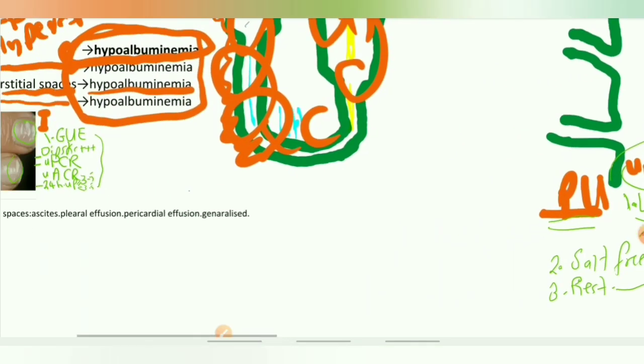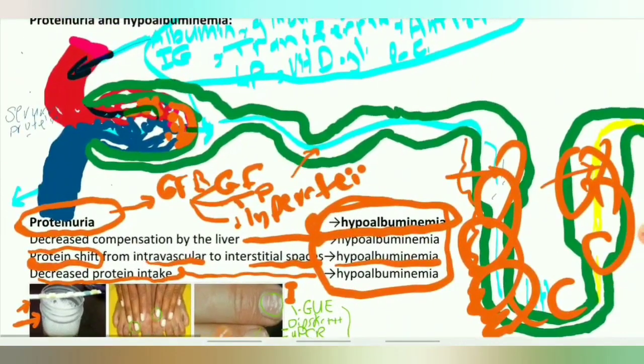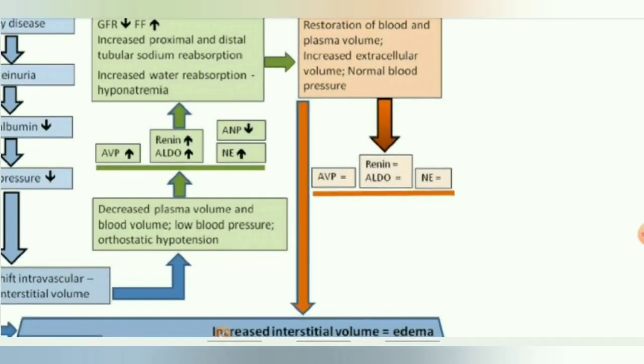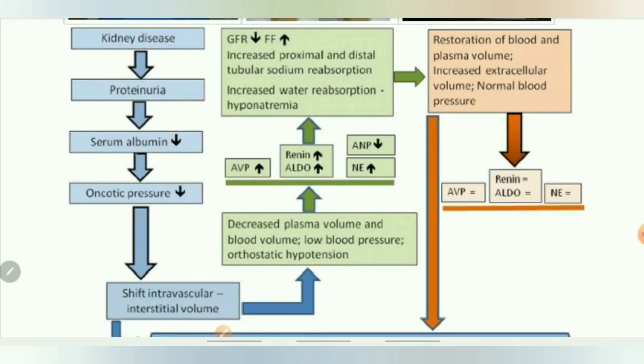The other thing which is important here is the development of edema. Because of this hypoalbuminemia, we are facing a problem: the low albumin will lead to an imbalance between the vascular space and the interstitial space, and the oncotic pressure, which is important to keep the fluid inside, is going to decrease.